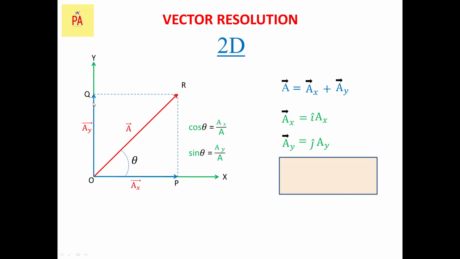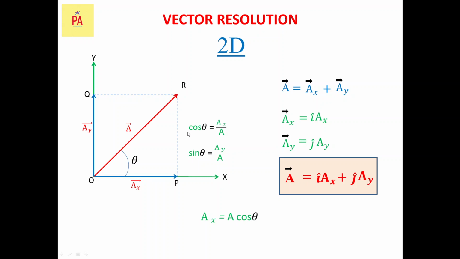AY is this perpendicular part. So from here we can write that A can be substituted by these parts as i AX plus j AY. Now if I go to this part again, cos theta equals AX by A, that means AX I can represent, if I cross multiply, as A cos theta.